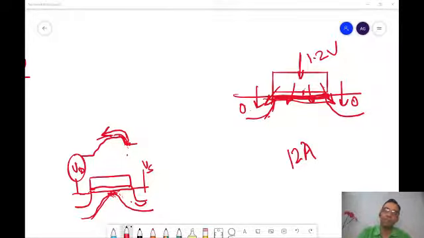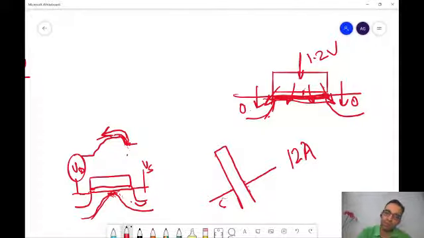Tunneling means electrons from one side of the dielectric. Let us say this is the gate dielectric, and these are your source and drain regions. This is the gate and this is your source/drain region. The electrons simply tunnel.